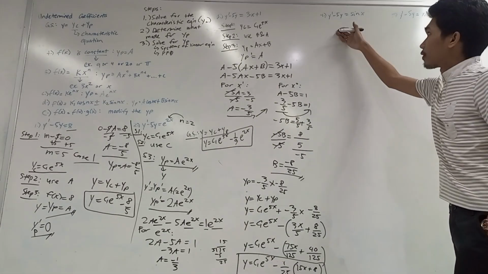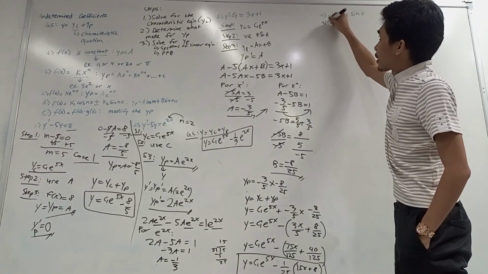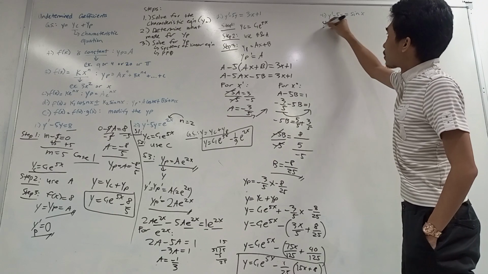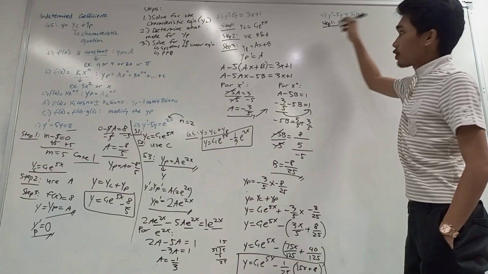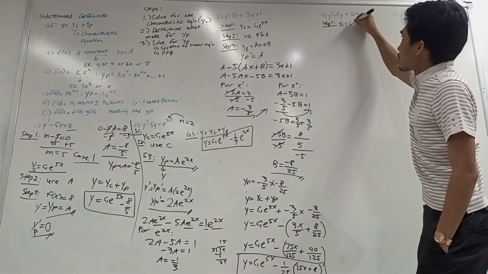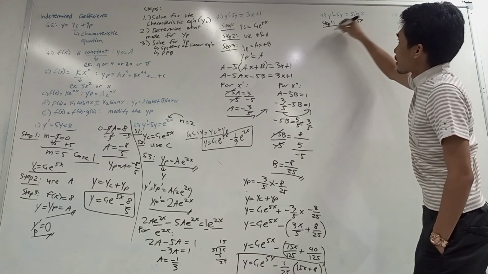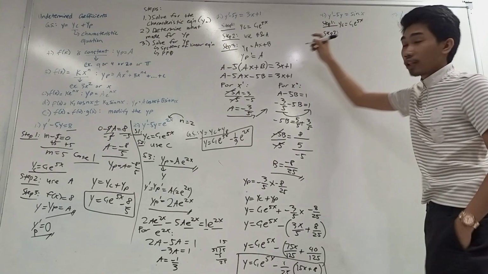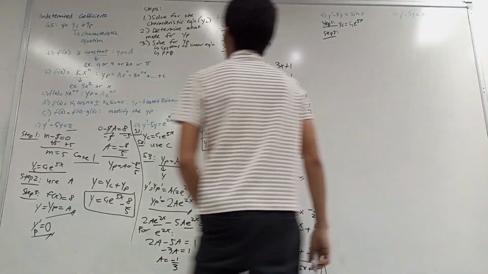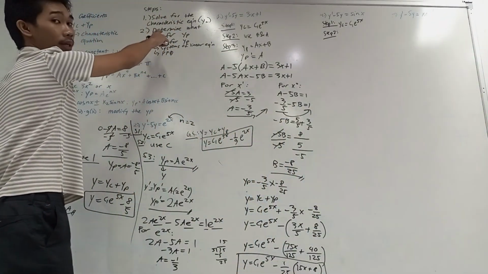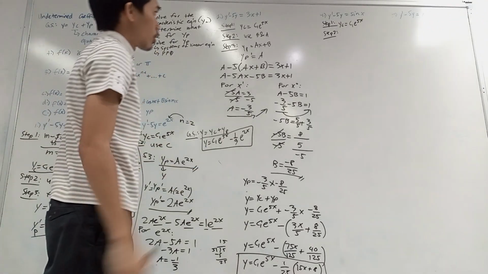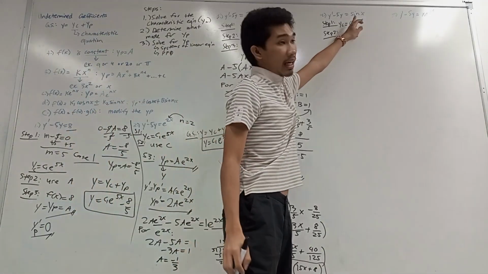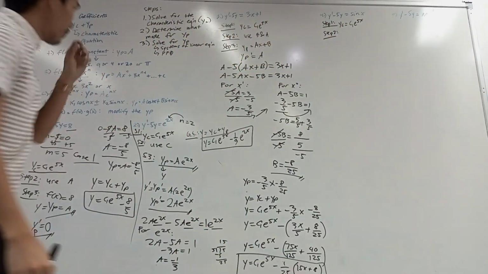Pagdating sa number 4, same pa rin step 1, yc is equals to yung na-solve natin na c1 e raised to 5x. In step 2 is determine kung ano yung mode for yp na gagamitin. So, as we can see, sin x ang given.